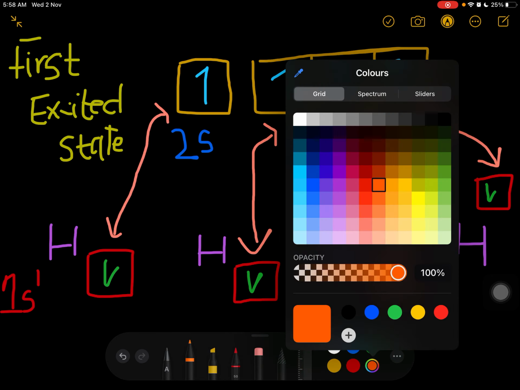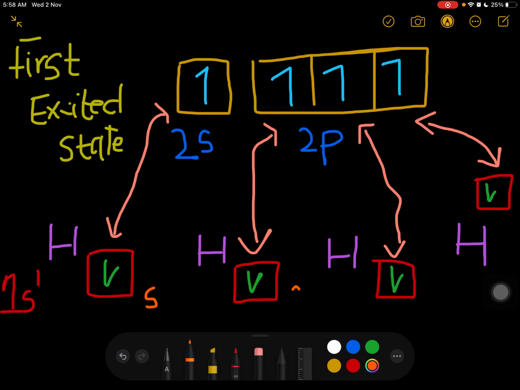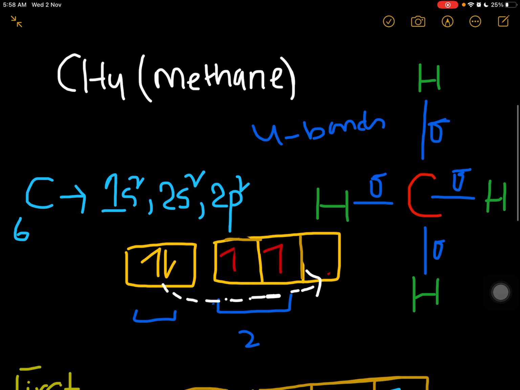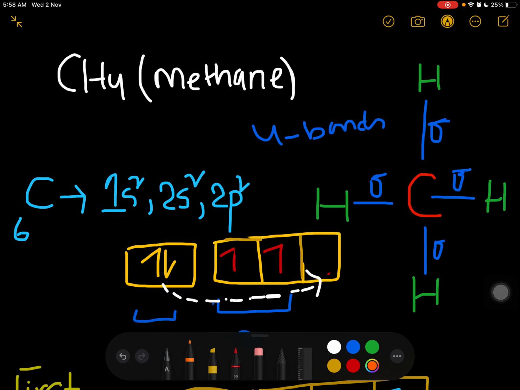So here there is s orbital, s orbital, s orbital, s orbital on the hydrogens, but on carbon it is s, p, p, p. You can see that it is easily forming bonds. So carbon is using s and hydrogen is also using its s. Hydrogen will always use s because it has only one electron in its first orbital, which is s.